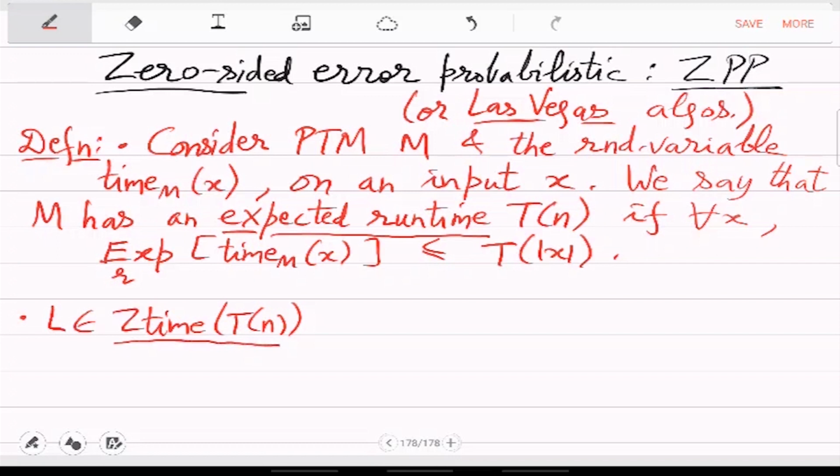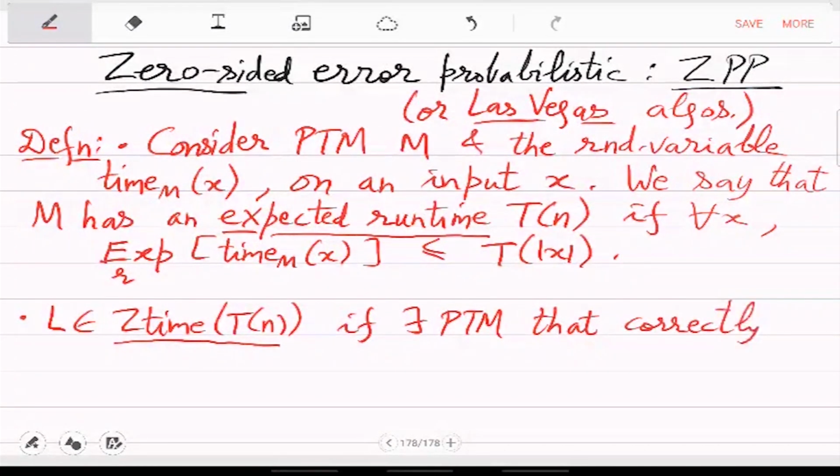So L is in this complexity class if there exists a probabilistic Turing machine that correctly decides L. No errors are made, although random bits are being used, but error is not made.